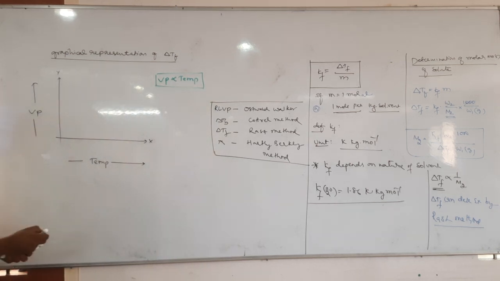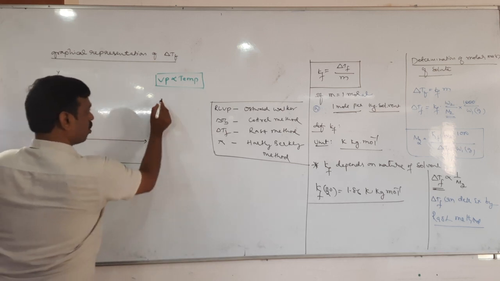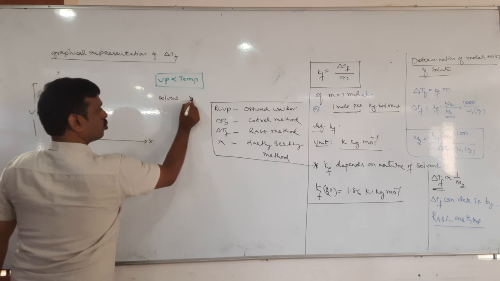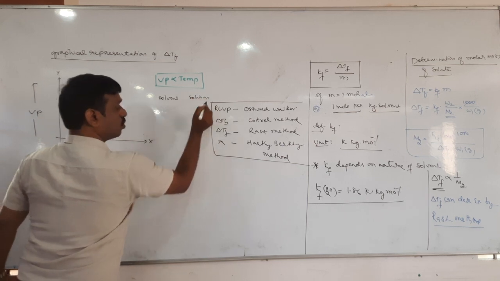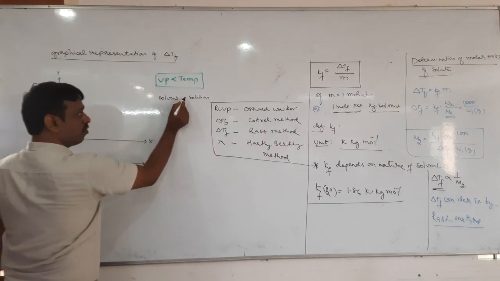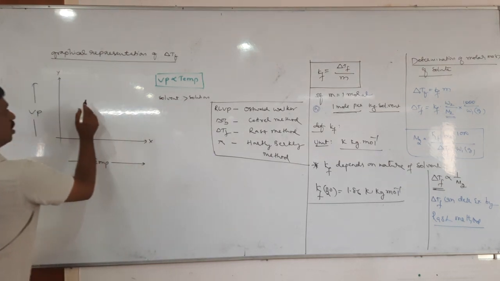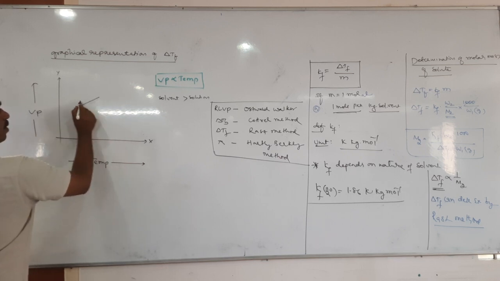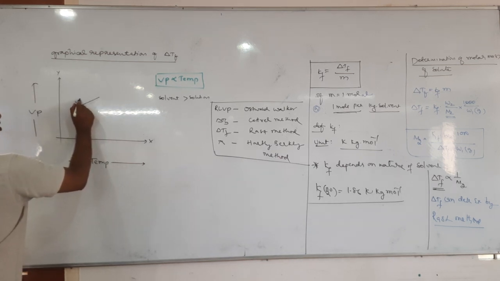Now let us take solvent and solution. Among solvent and solution, whose vapor pressure is more? The vapor pressure of the solvent is more. Let us draw the solvent here. Okay, this is a solid solvent.